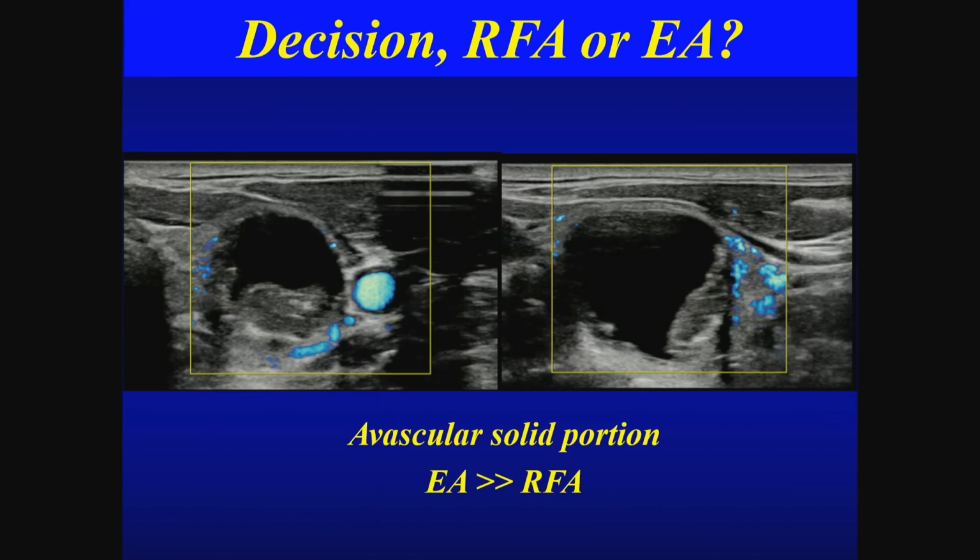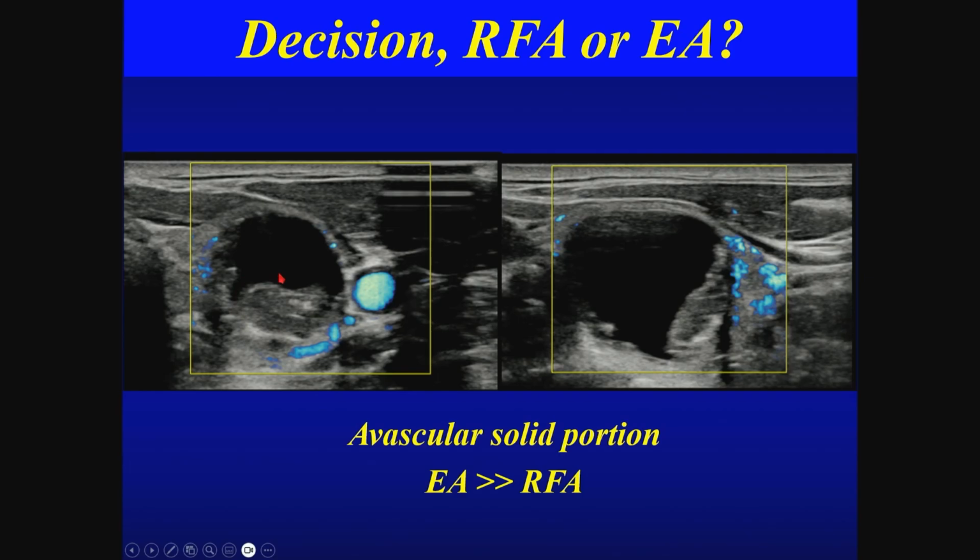This patient visited my outpatient clinic because of bulging and pain at the neck. We can see the solid and cystic region in the left thyroid gland. In the solid intracystic portion, we cannot see vascularity on microvascular imaging.